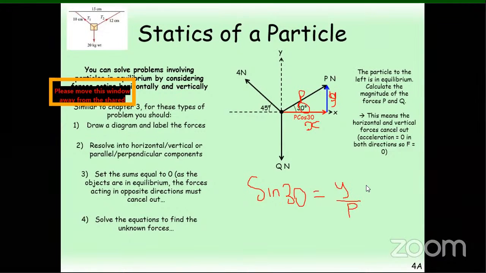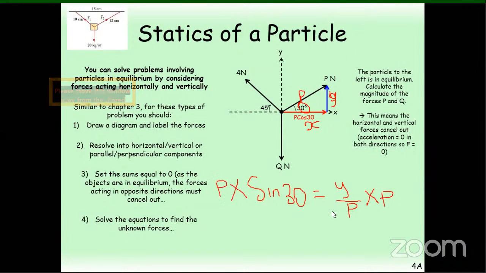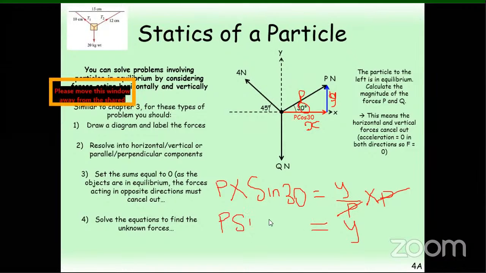So if we want to remain with Y, we multiply by P on both sides. This P and this P will cancel out. Then we remain with Y equaling P sine of 30.